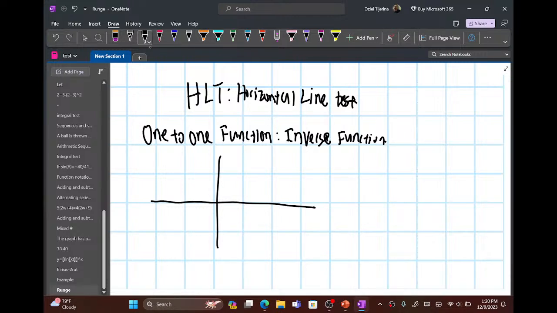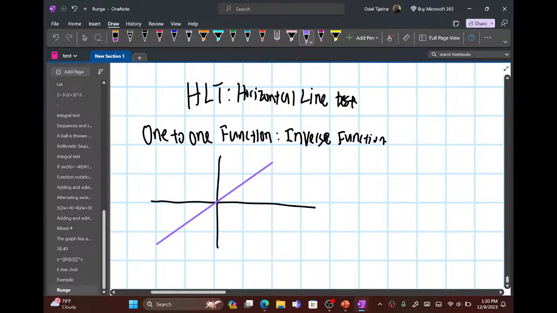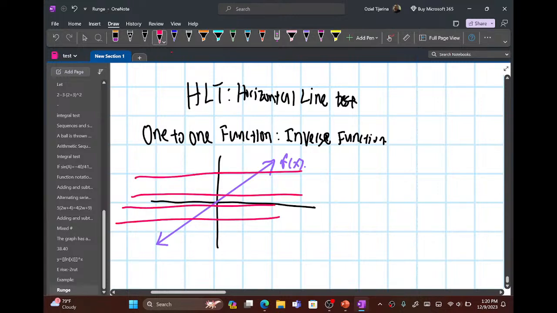So in other words, if I do some random line, and I know that this is f of x, well, if I do horizontal lines all over, I can see clearly that it only crosses it once.